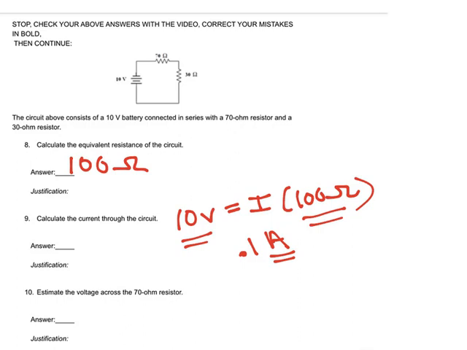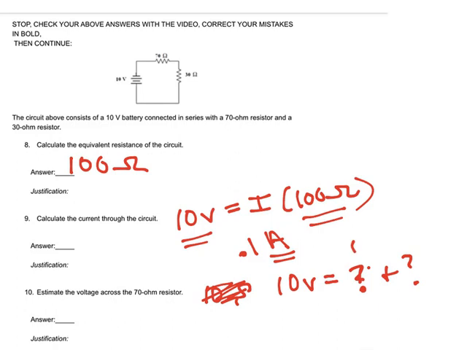And so I said estimate the voltage. You don't have to calculate it. You can calculate it. But you want to think of it this way: if I have 10 volts, we know that the total voltage of the two resistors adds up to 10. So we know that it has to be less than 10.